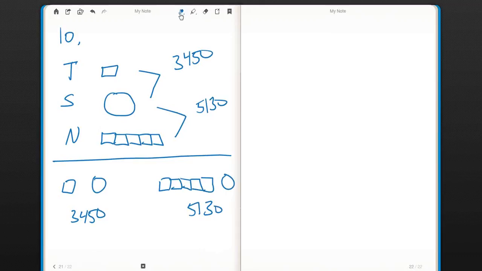The difference between these two, between 3,450 and 5,130, that difference is 1,680. And the thing that's different about these two numbers is these 4 squares.